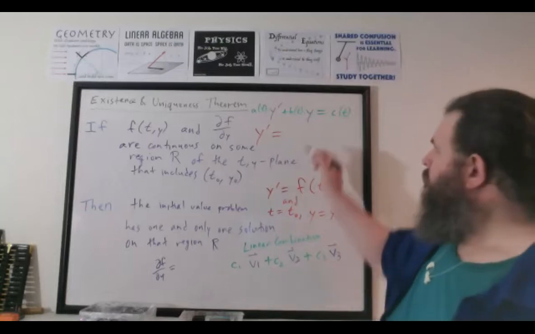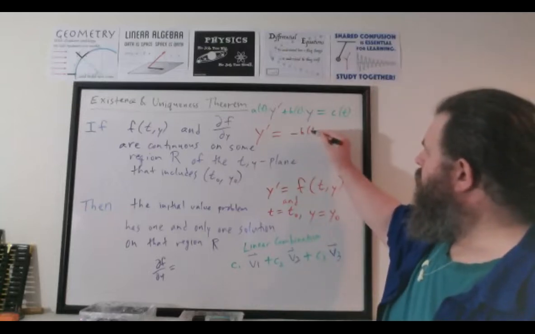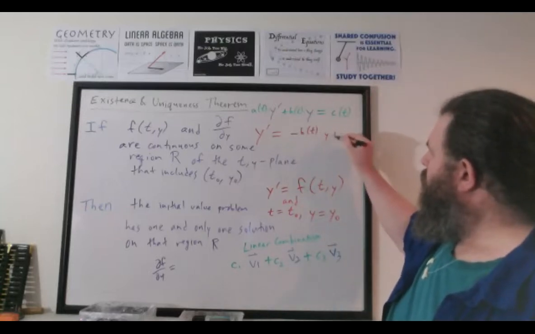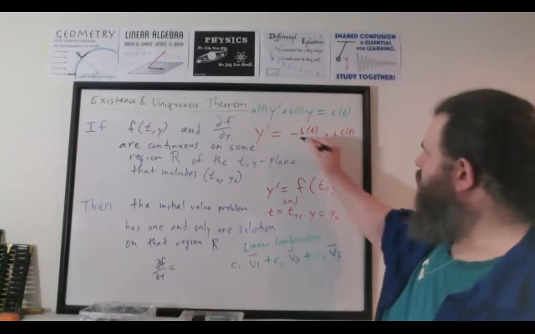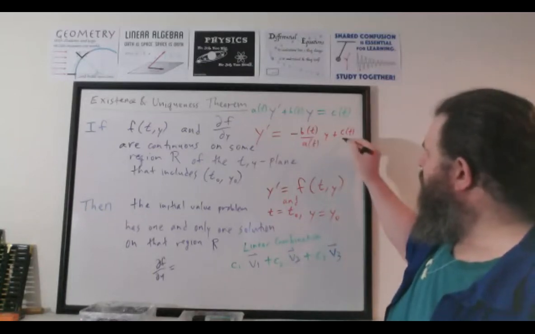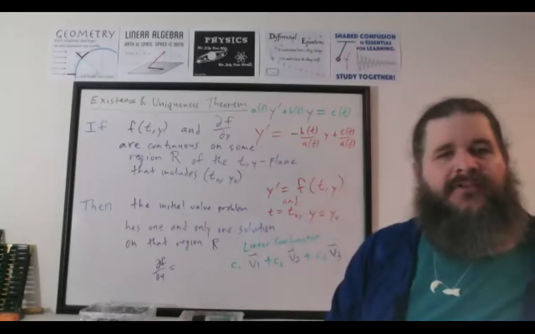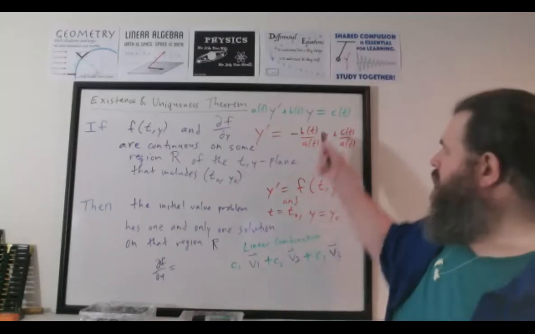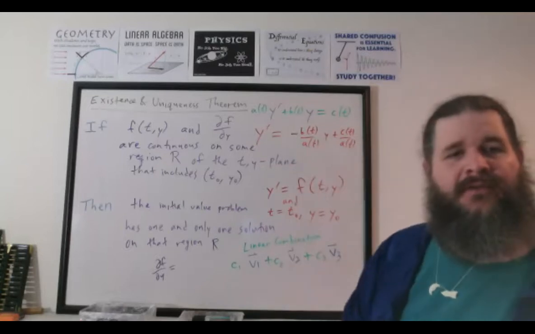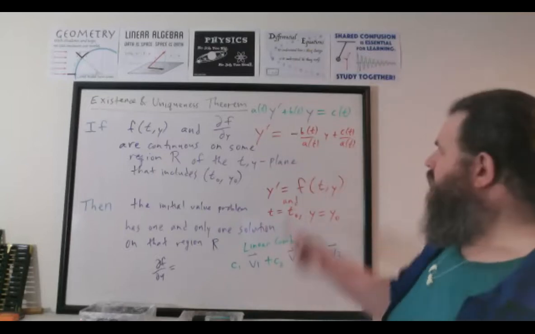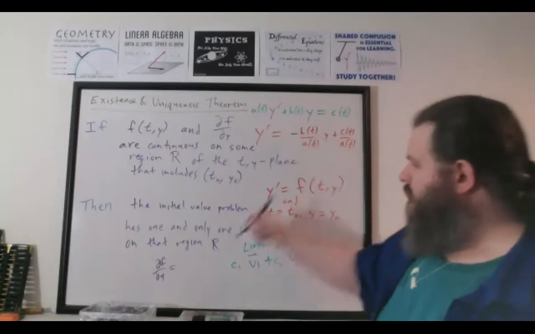Minus b of t y plus c of t, all over a of t. Yeah, and we could split that up, just have each one divided by a of t. But a, b, and c are just arbitrary functions of t. So if you divide two functions of t, you just get some other function of t. So let's just call this, let's say, g of t.